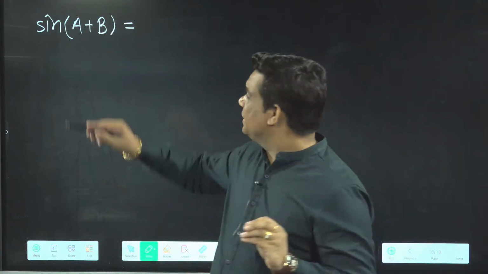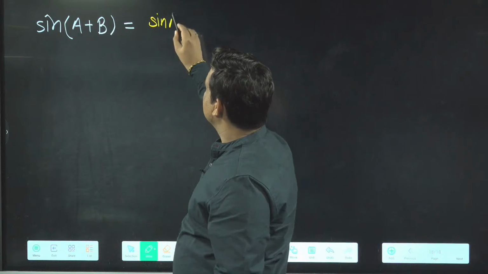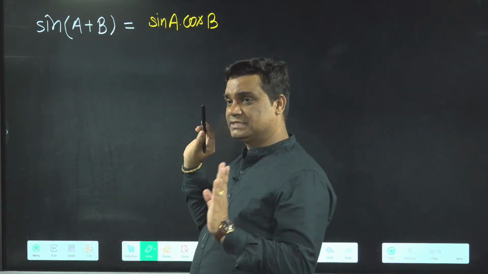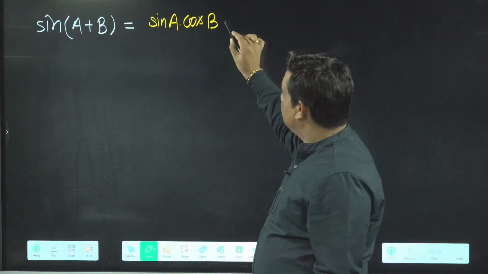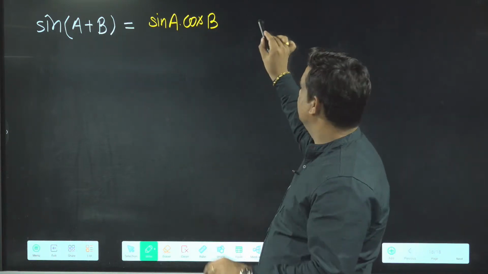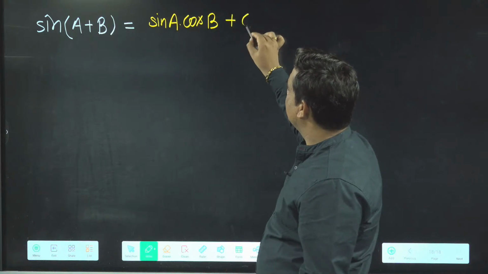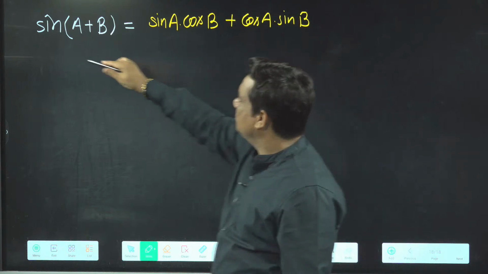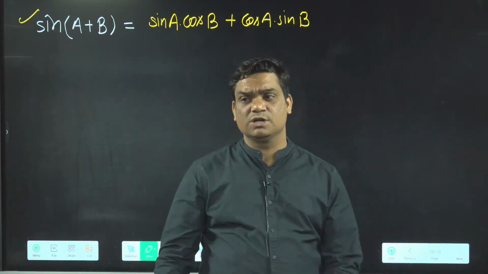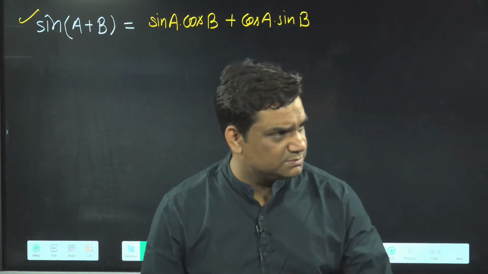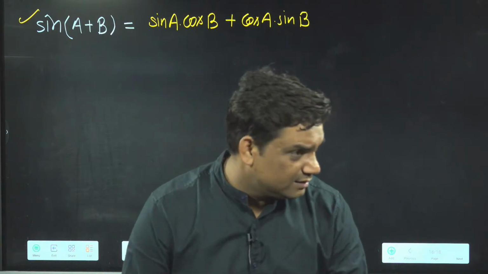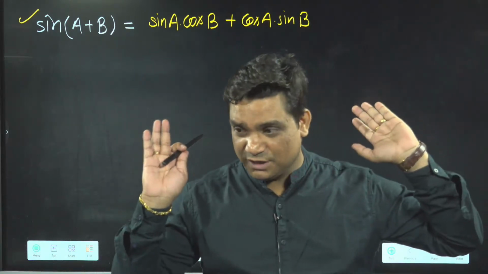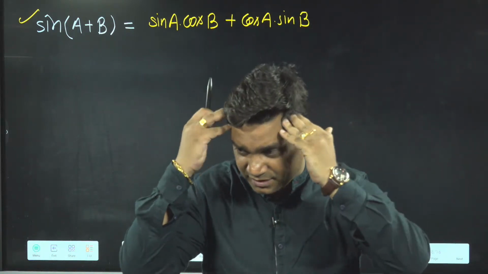In sin A plus B, we write sin A cos B, sin and cos both will come. Here plus, and here also plus: cos A sin B. Can we remember this formula? Sin A plus B equals sin A cos B plus cos A sin B. Just like in biology, we have to feed it in our mind till the examination.